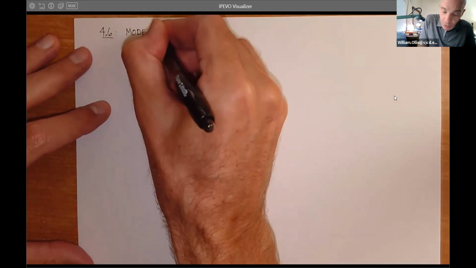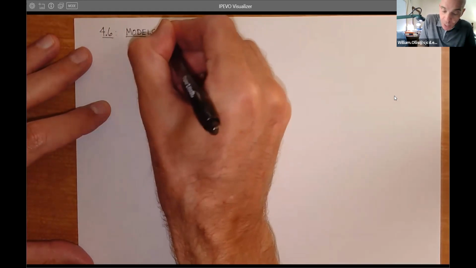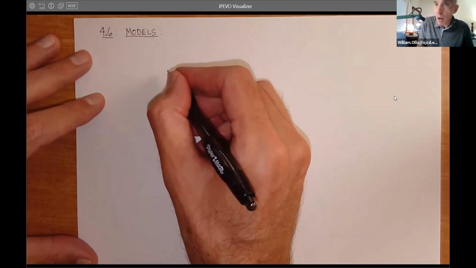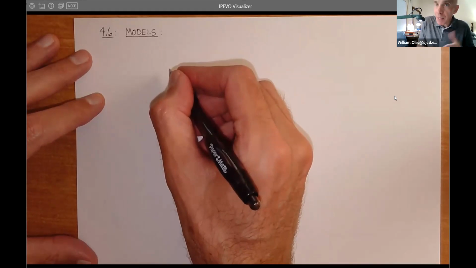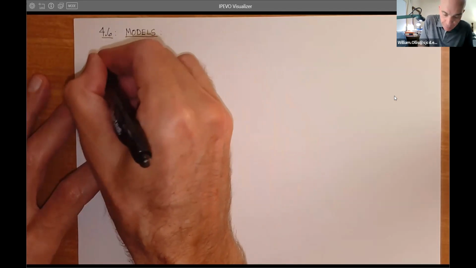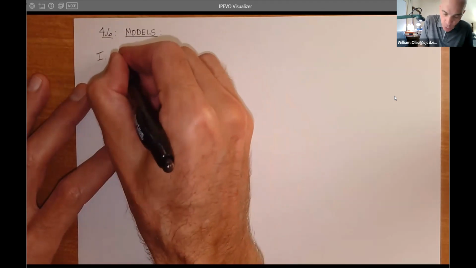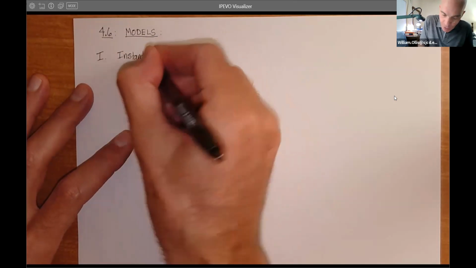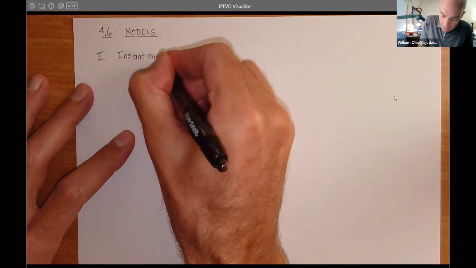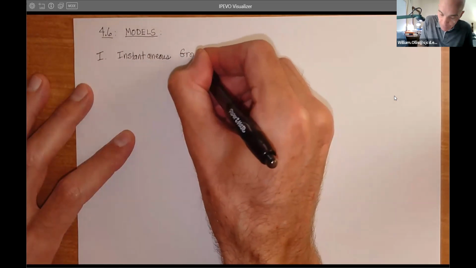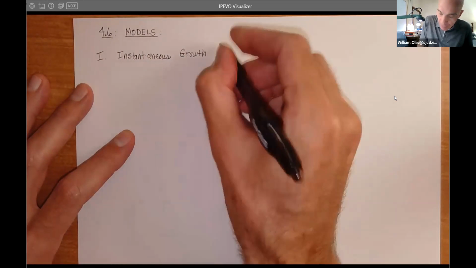Now, when you do calculus, and then maybe eventually some of you take differential equations, you'll learn more about the logistic model, which we talked about in more detail. So for instance, the first model will be instantaneous growth and decay.